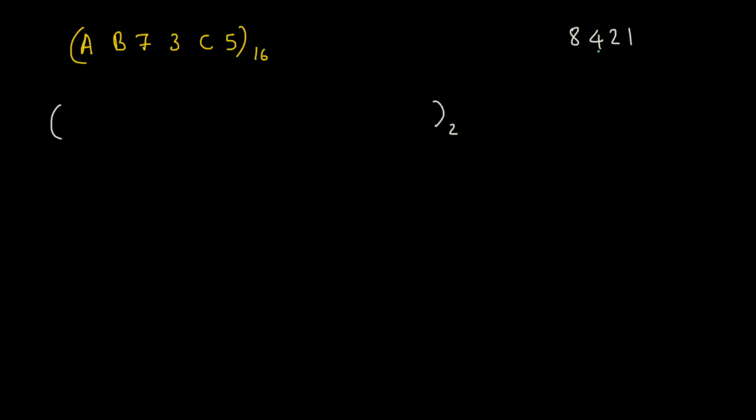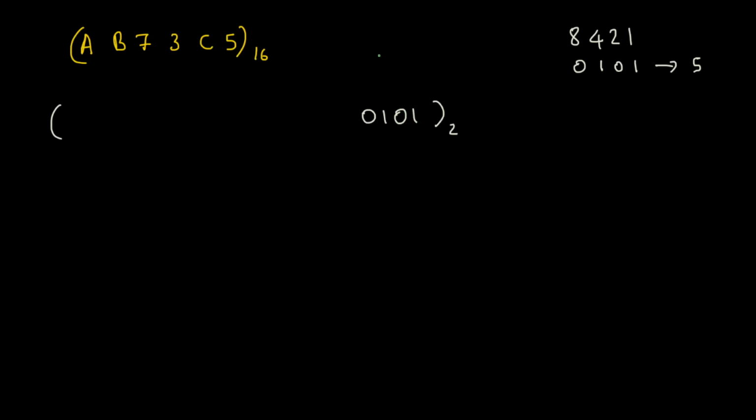We need to ask what numbers will give us 5. 4 and 1 give 5, so we put 1 for the 4, 1 for the 1, and the others are 0. So this is equivalent to 5, and I put that number here: 0101.